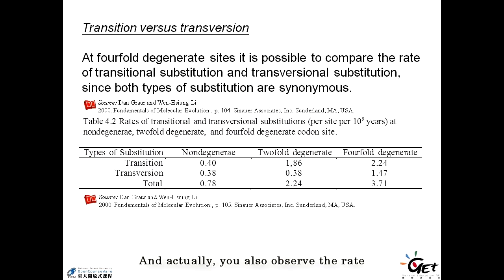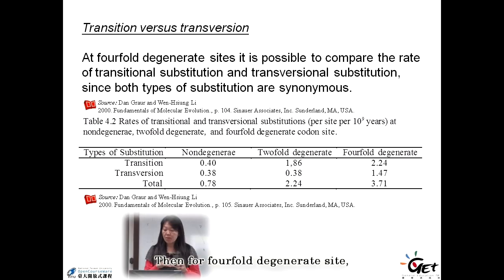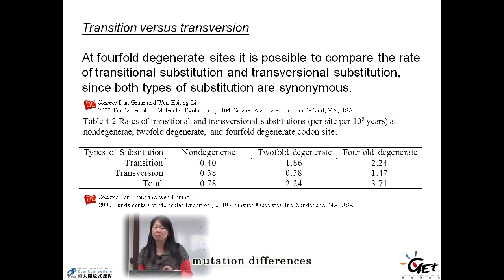And actually, you also observe the rate of substitution is similar. So the 0.38 is exactly the same as the non-degenerate site for transversion. Then for the 4-fold degenerate site, most of the differences are contributed by mutation differences between transitions and transversions.